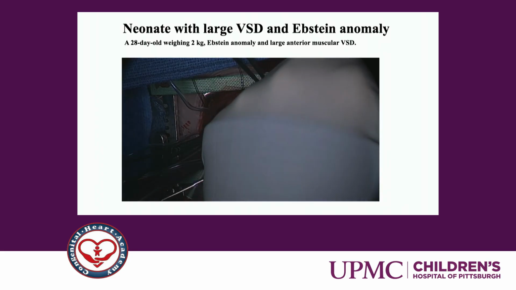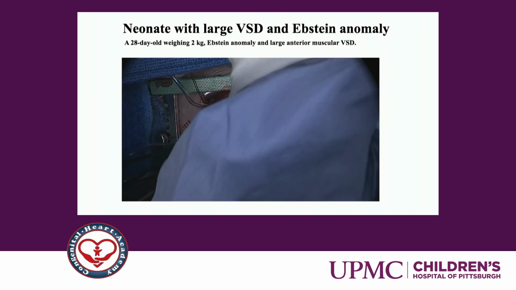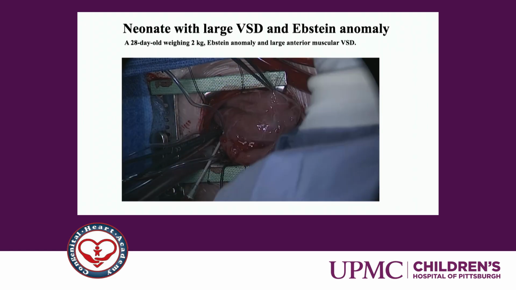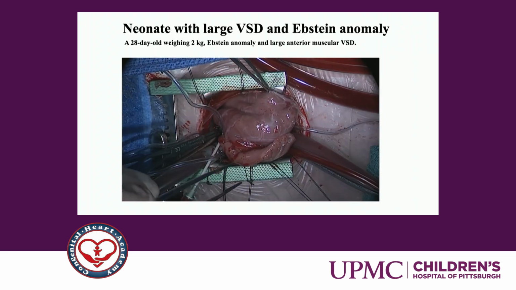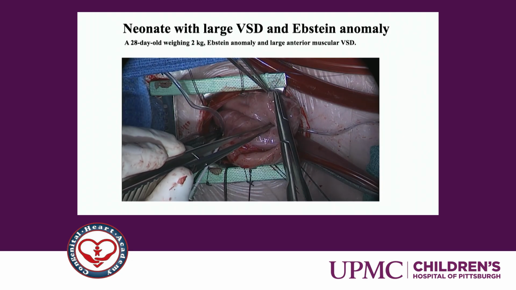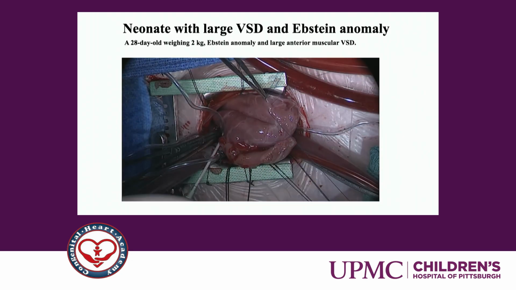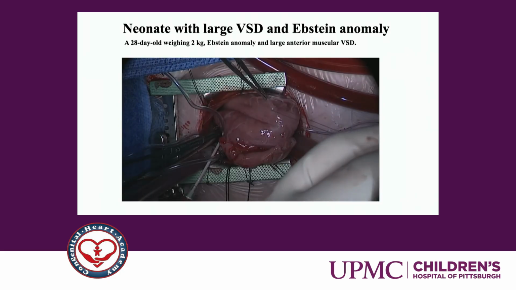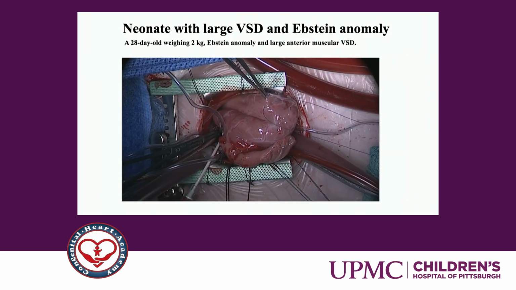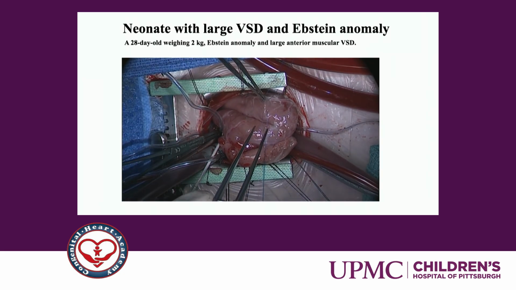And you can appreciate the size of this right ventricle, which is very large. Yet contractility of the free wall of the right ventricular outflow tract and the rest of the right ventricle beyond the atrialized portion appeared to be very good.